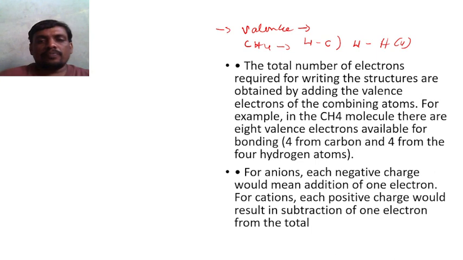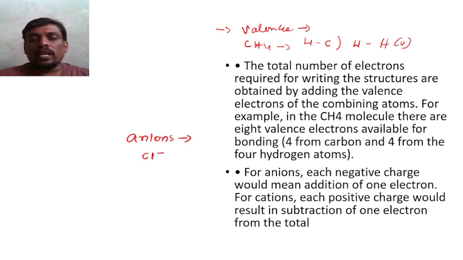For anions, each negative charge would mean addition of 1 electron. Chlorine is there: addition of 1 electron to the chlorine. For cations, if you take sodium, each positive charge results in the subtraction of 1 electron.